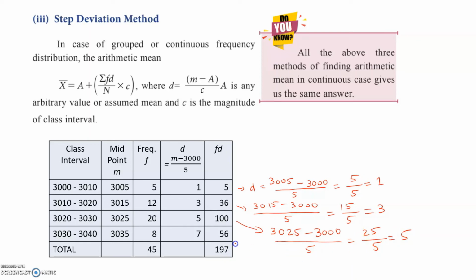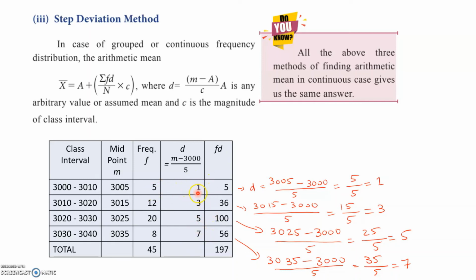And in the last case, 3035 minus 3000 divided by 5 is 35 over 5, that is equal to 7. So you can see here, I have the 1 here, 3 here, 5 here, and 7 here. So we have now reduced our number into a much smaller number to work with.